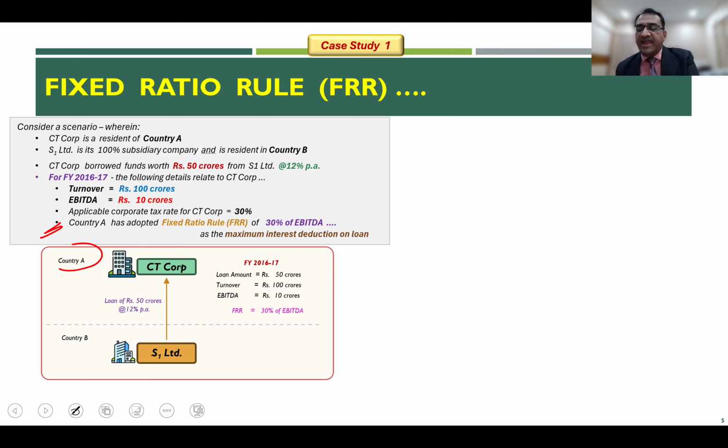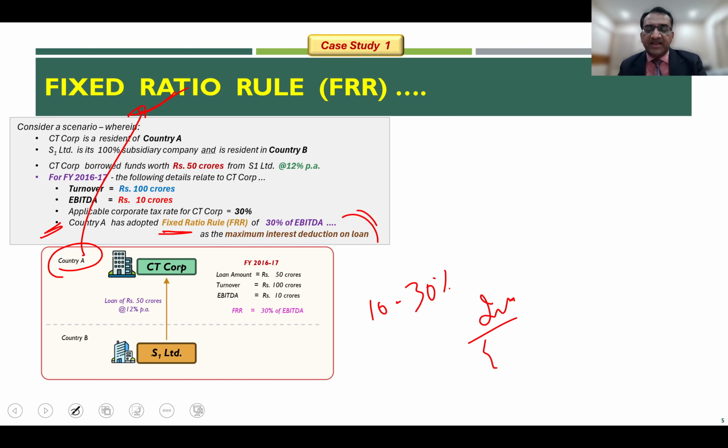Country A, where the interest expense gets recorded, has adopted the fixed ratio rule. We have seen that in the fixed ratio rule, the country has the ability to determine, generally within the corridor of 10 to 30%, what should be the permissible limit of interest to EBITDA.